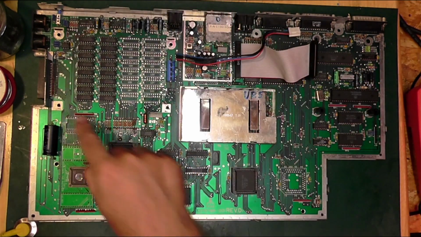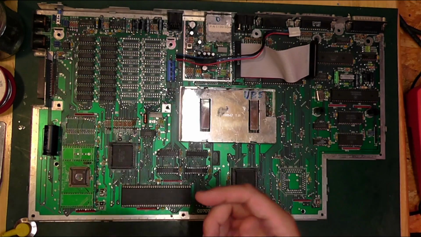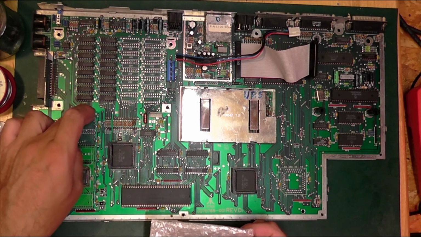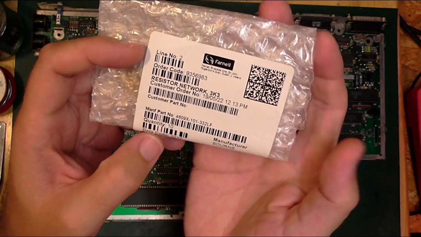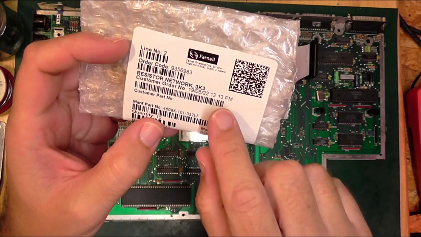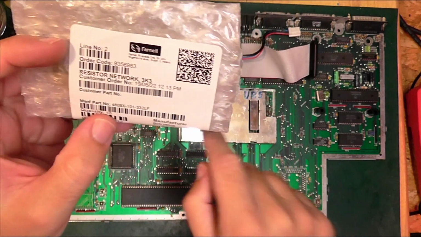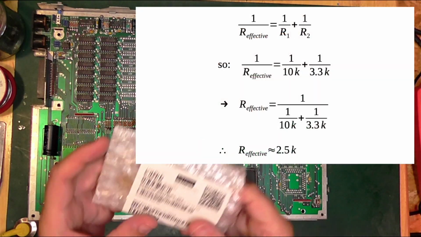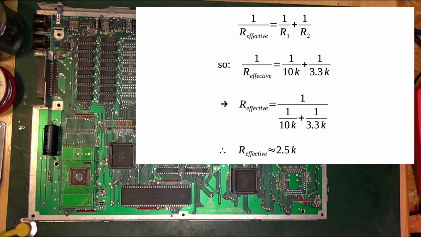So exactly the same format as this, exactly the same package. It's 2.54 millimeter pitch and 8 or 9 pins with 1 common bus. 3K3 means that when you combine a 3K3 resistor and a 10K resistor, you get about a 2.5K net resistance, which is close enough to the recommended 2.2 that I will consider that fixed.